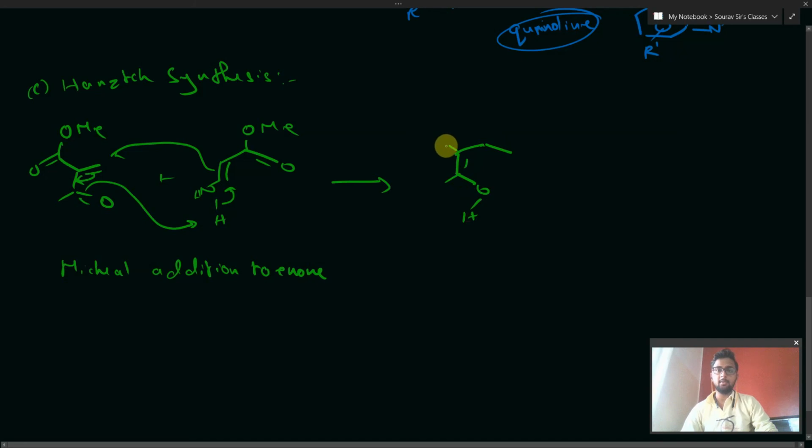We have this double bond OMe, then again double bond OMe, and we have double bond NH, and here we have one H.